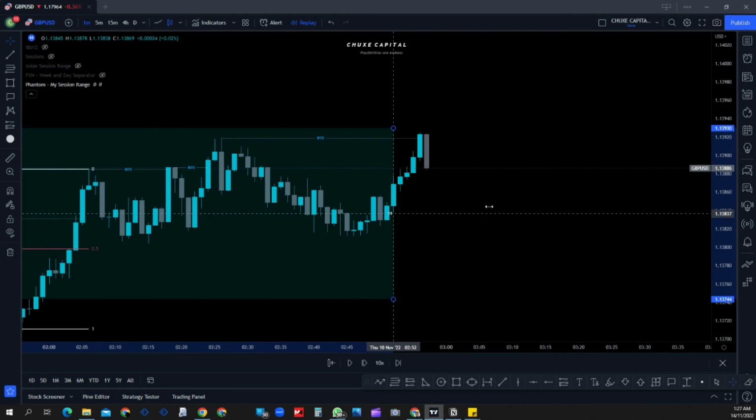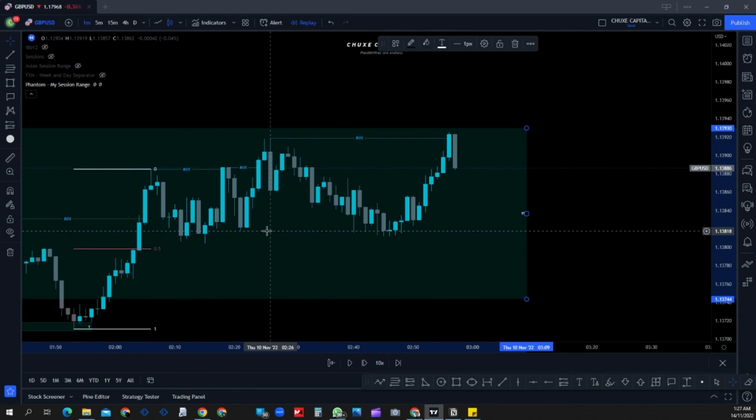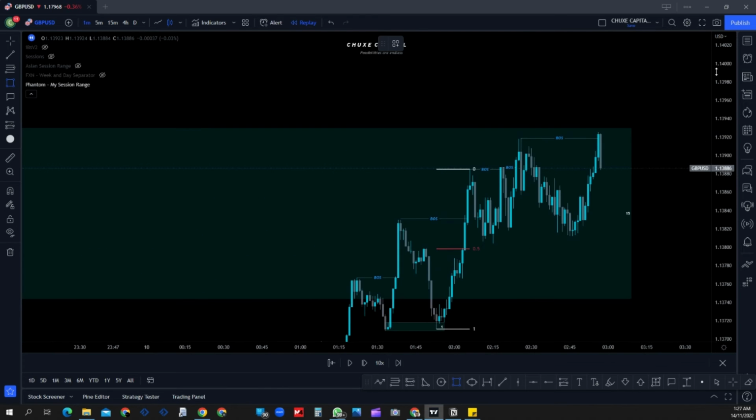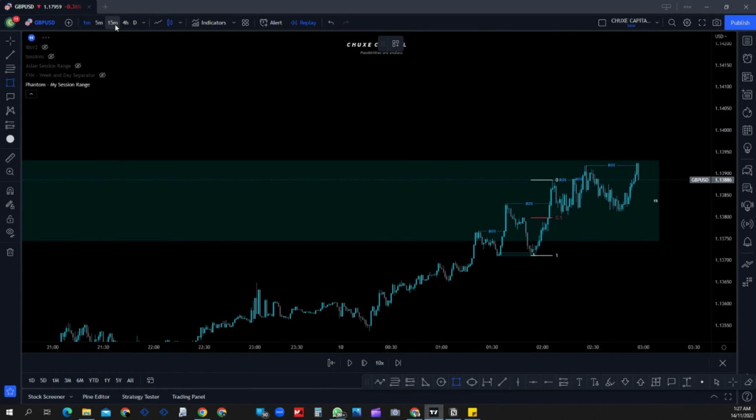Another break. Okay, so we have this, came down here. So I guess we can. Okay, but we're even outside our trade window. I don't know what I was looking for. Okay.